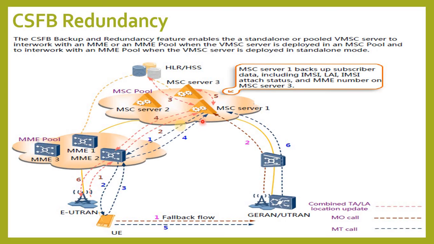In a pooled scenario, one MSC backs up the data of another MSC, so that in case of any disaster event, if that MSC goes offline, the other MSC has the backup data available in it, so that service continuity can be guaranteed. There is another process, which is called MSC recovery, in which, if the MSC is not available, then the STP can send the provide roaming number request to the backup MSC, and the services will continue.